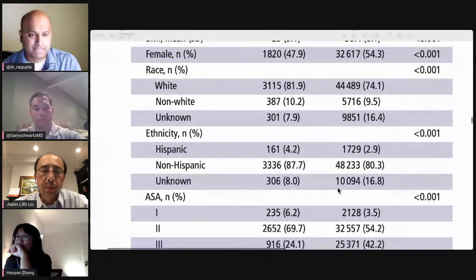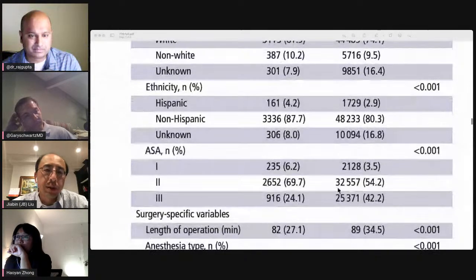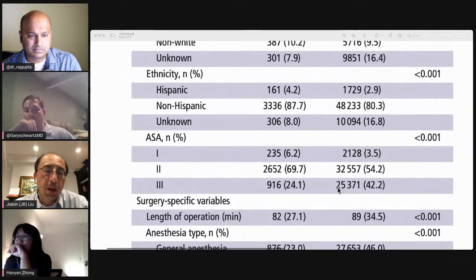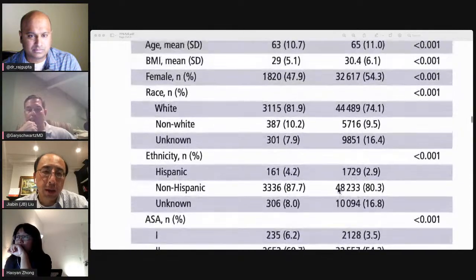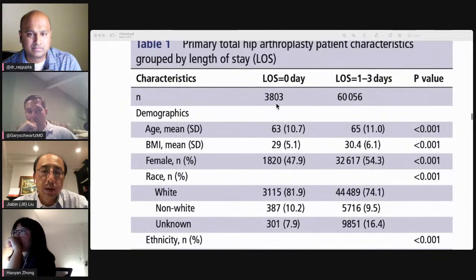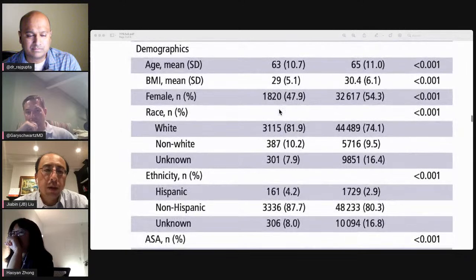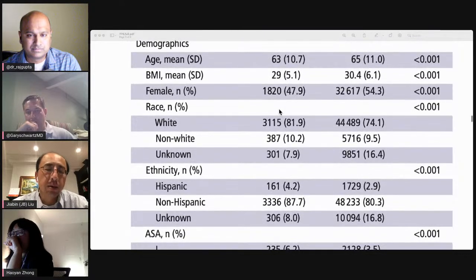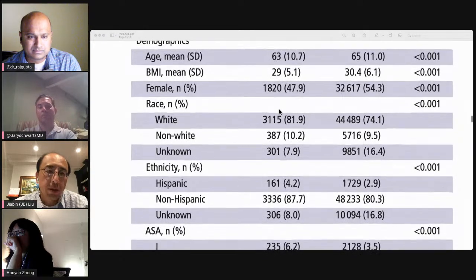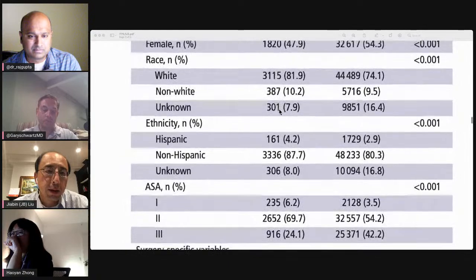Yeah. So basically, Table 1 gives you a summary of these two patient cohorts. One is the ambulatory, length of stay equal to 0 cohort, and the other is 1 to 3 days. So this is a summary table to compare whether they are different. Ideally they are the same, but in reality, it's unlikely. The ambulatory patients are usually a little bit younger, healthier, with less comorbidity.